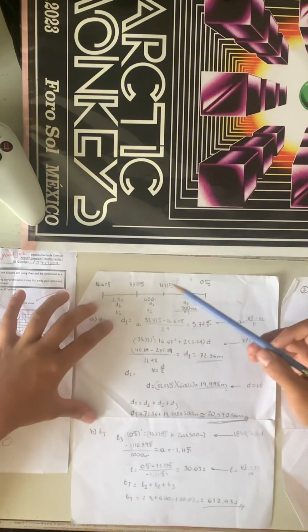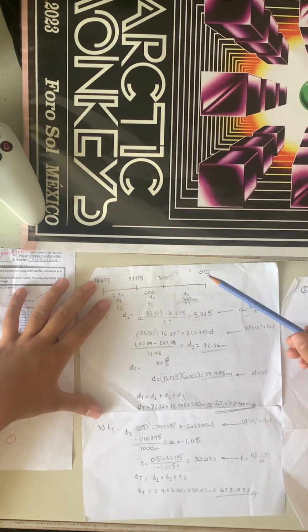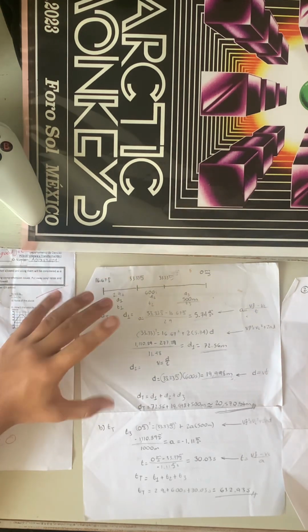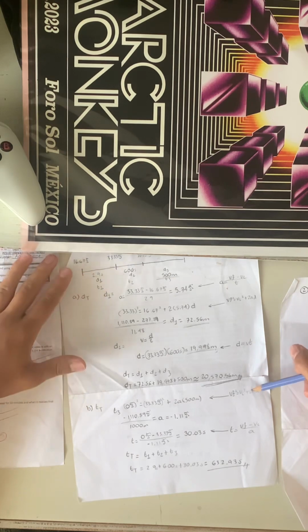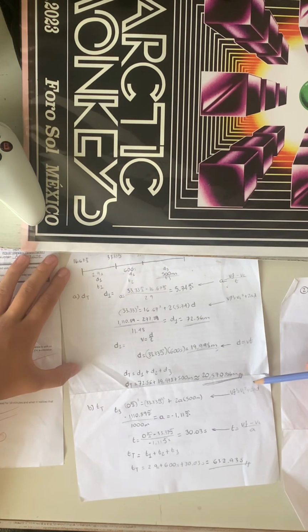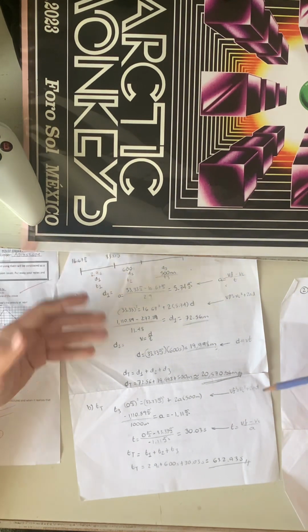We already have time 1 and time 2, so we only need T3. So to get this, I used VF squared is equal to initial velocity squared plus 2AD to get our acceleration.